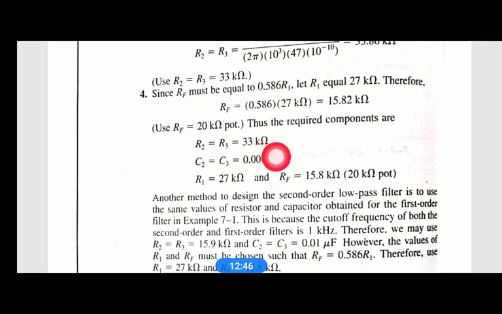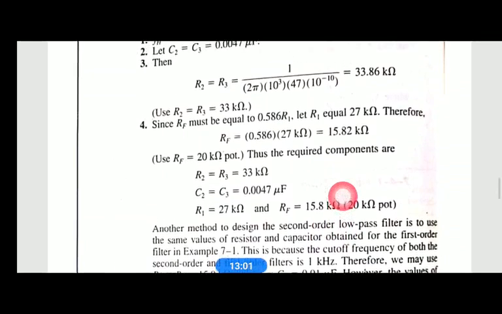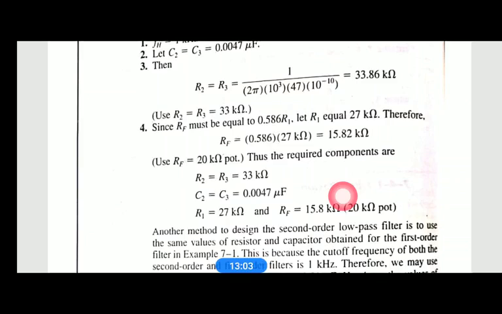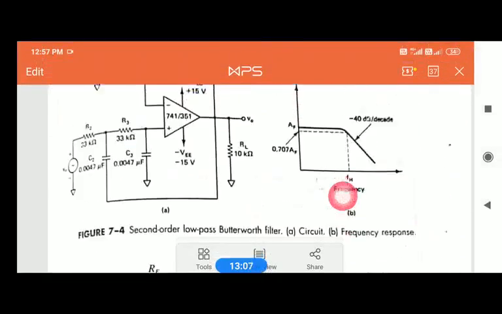So this is our design. Here R2 and R3 are 33 kilo ohm, C2 and C3 are 0.0047 microfarad, R1 is 27 kilo and RF is 15.8 kilo ohm. You use a pot here because 15.8 kilo ohm is not a standard resistor value. This design is given in this circuit.